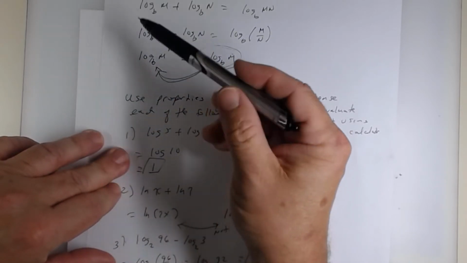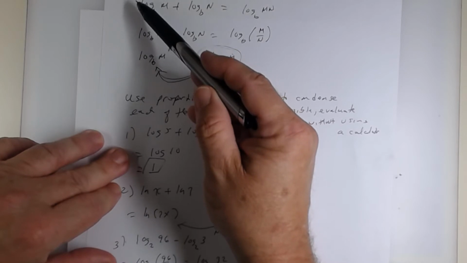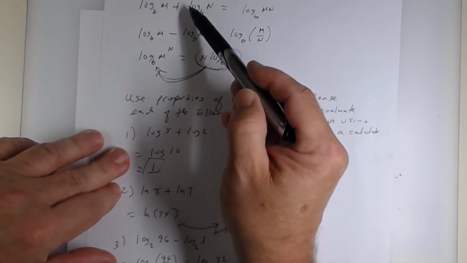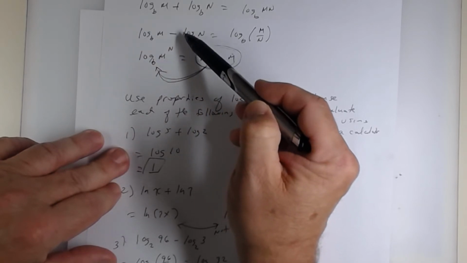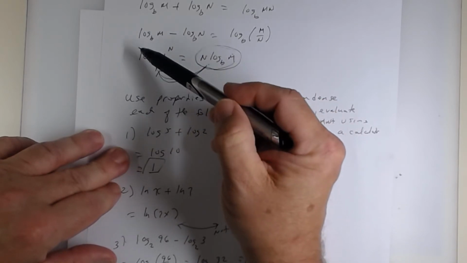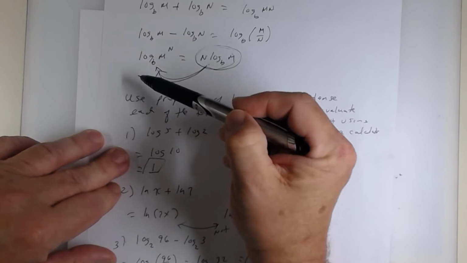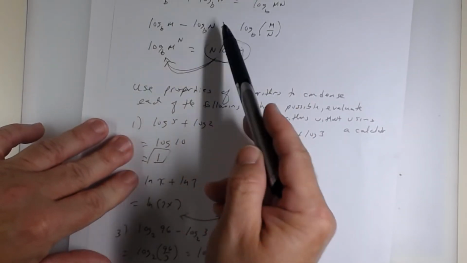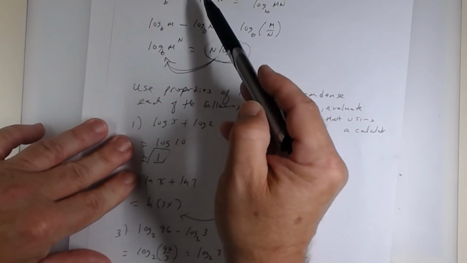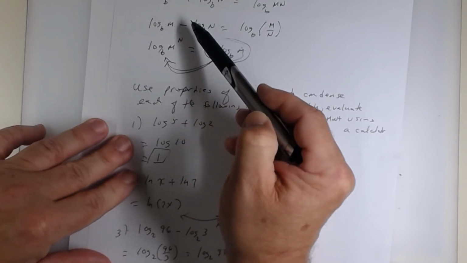What is the coefficient here that I'm pointing to? 1. This coefficient is 1, this coefficient is 1, and this coefficient is 1 as well. So when using the product or the quotient rule, these coefficients have to be 1.